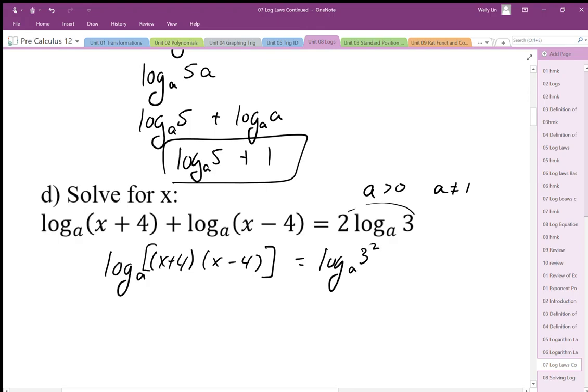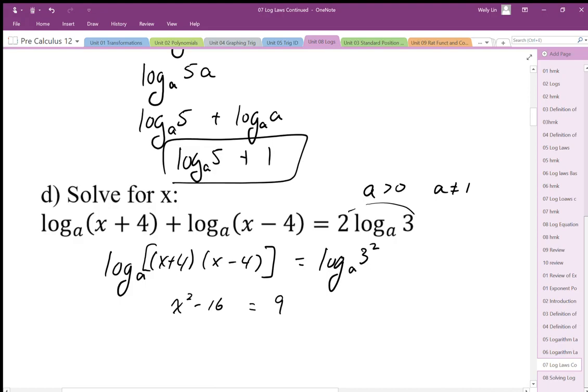inside of the argument. And then I'm going to make this a logical argument that if the logs or exponents are equal and the bases are equal, then the arguments or answers should be equal. So I'm going to drop my logs, and in fact I'm going to multiply this out. I get x squared minus 16, and that's equal to 9.